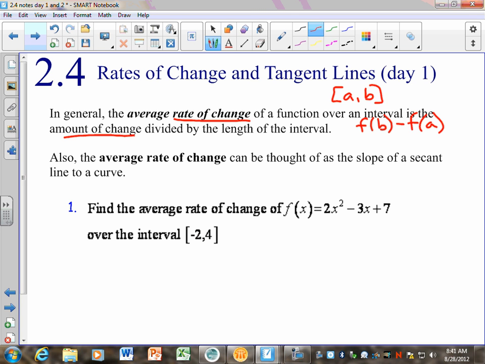Remember we talked about average rate of change like slope, over the total length of the interval, which would be b minus a. If you go back and look at day one, that's exactly what we did, only we were talking about feet and seconds instead of talking about an interval. And we're going to talk about this sentence in just a minute, a little bit more, but the average rate of change can also be thought of as the slope of a secant line to a curve.